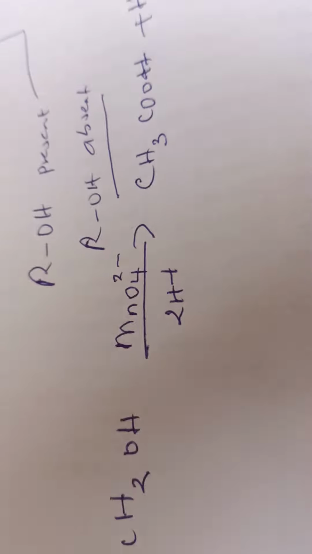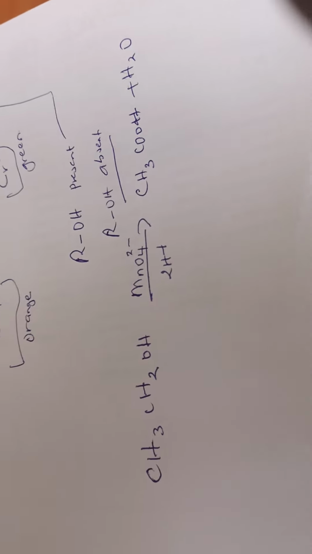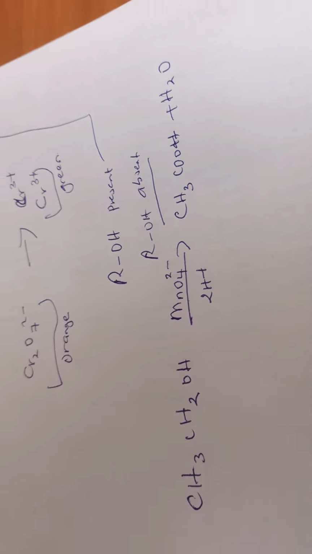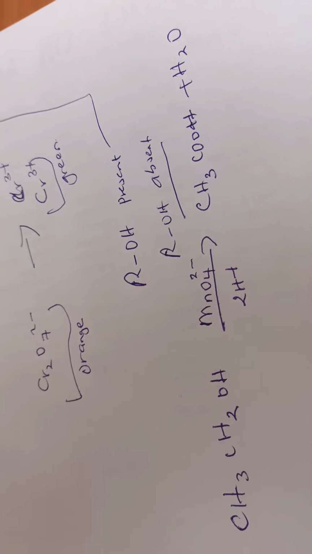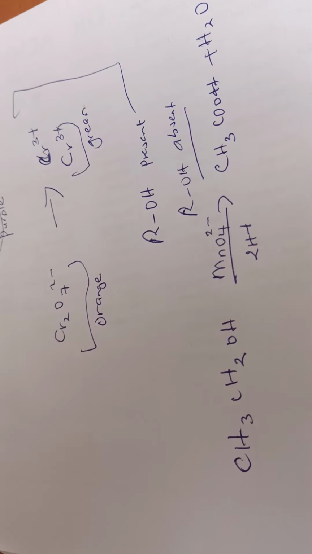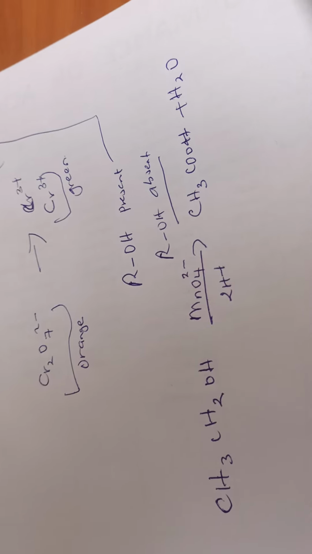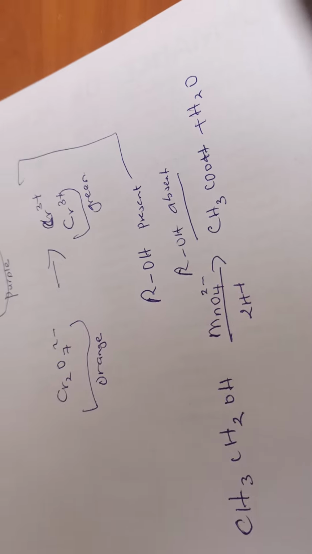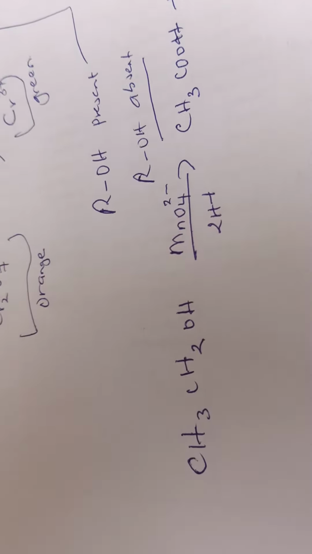The same case when I oxidize propanol, I get propanoic acid. And when I oxidize butanol, I get butanoic acid. This takes place in the presence of oxidizing agents acidified by concentrated sulfuric(VI) acid.